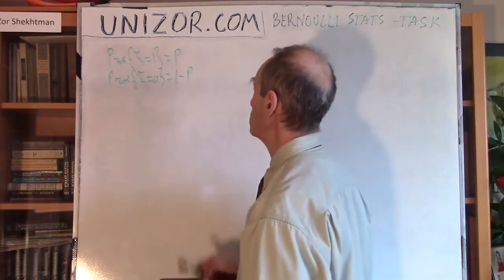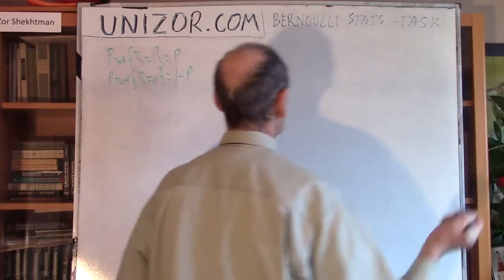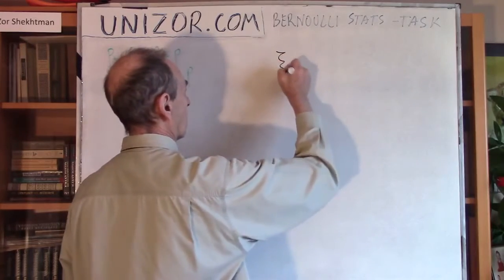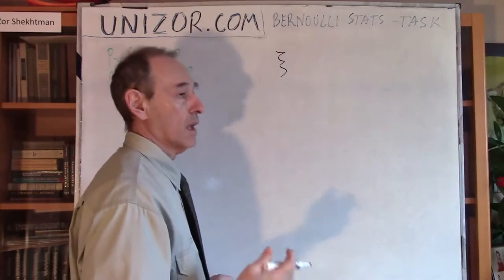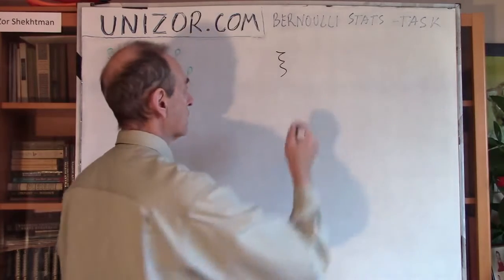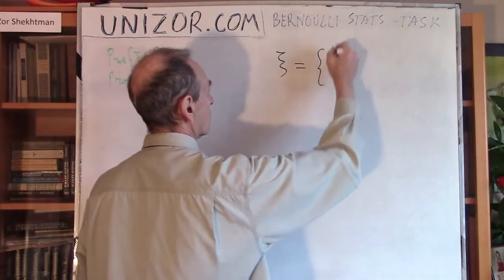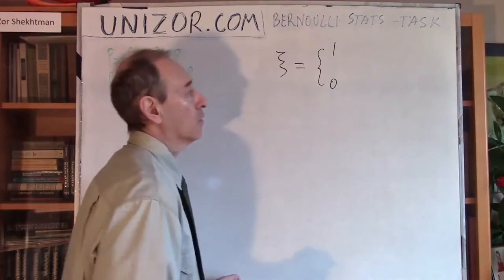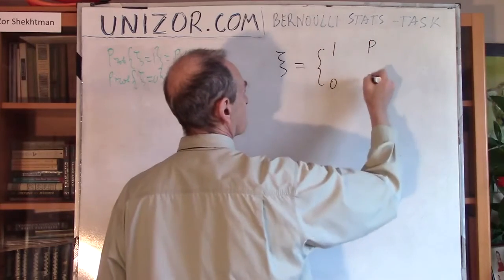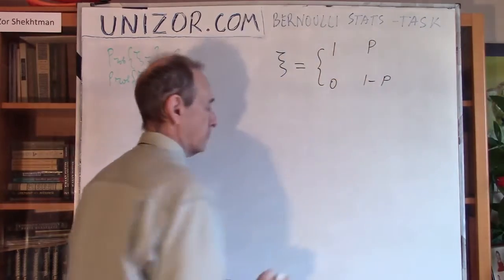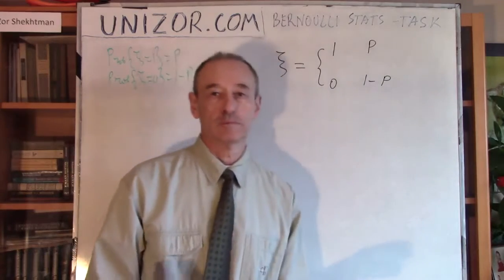And what we are doing is the following. We will have some random variable c, and we assume that c is equal to 1 with a probability p and 0 with probability 1 minus p. So that's an assumption.